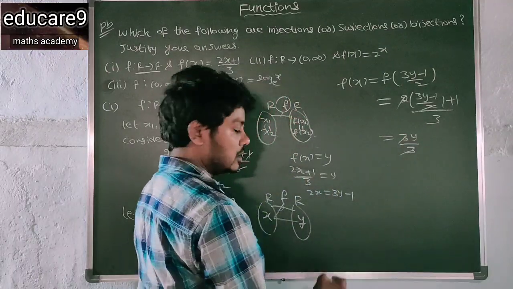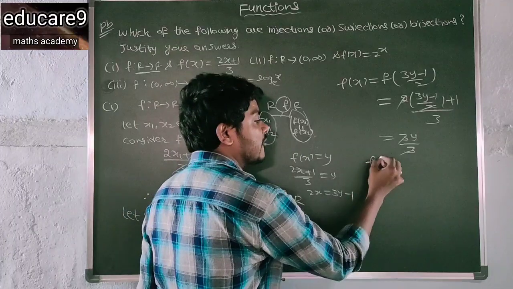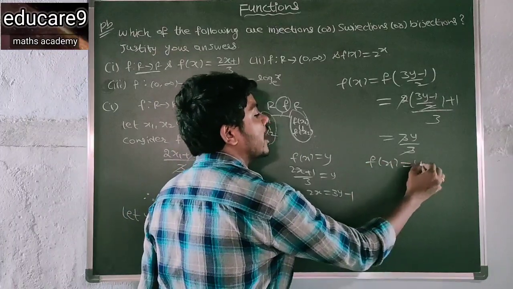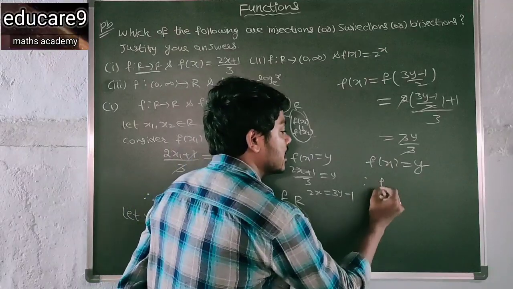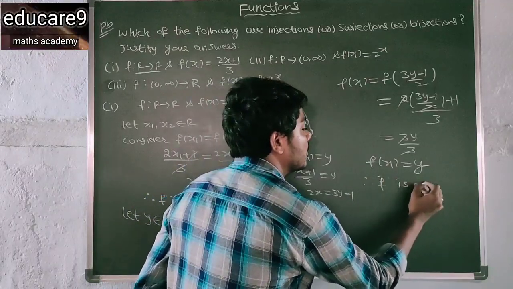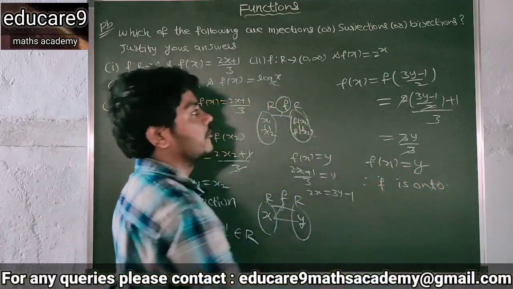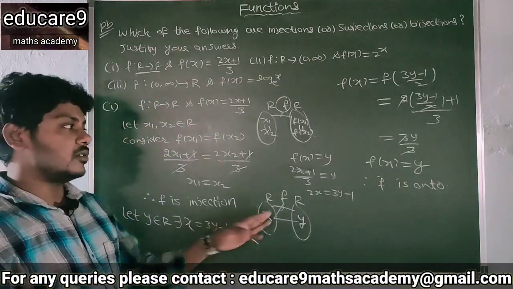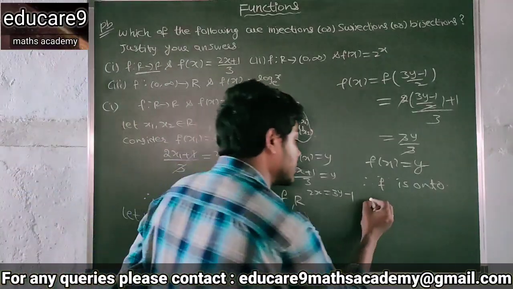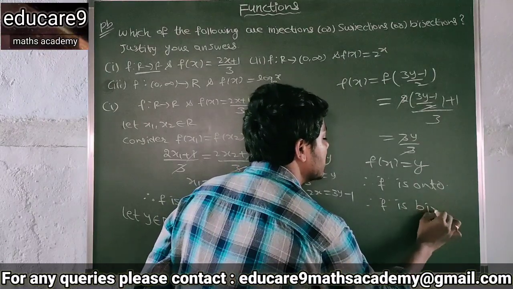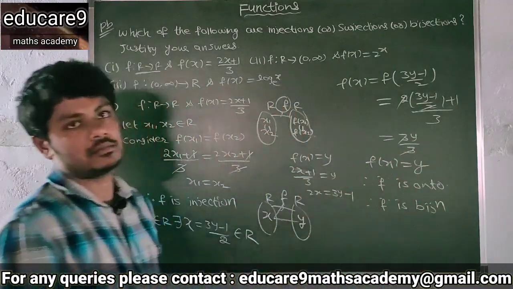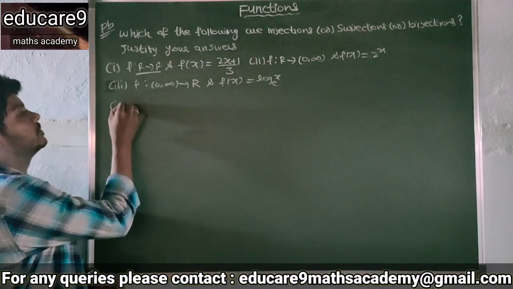The 3 gets cancelled. So what you got? The f of x value is y. Therefore, f is onto. So from the two conditions, you can say that f is bijection. Therefore, f is bijection.